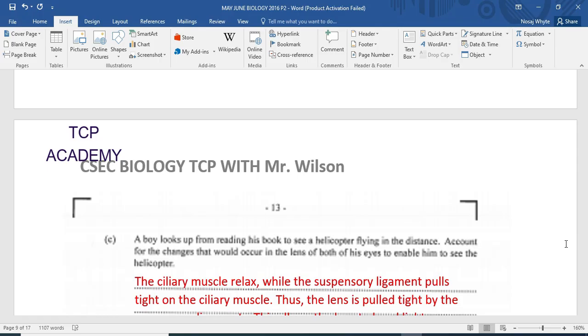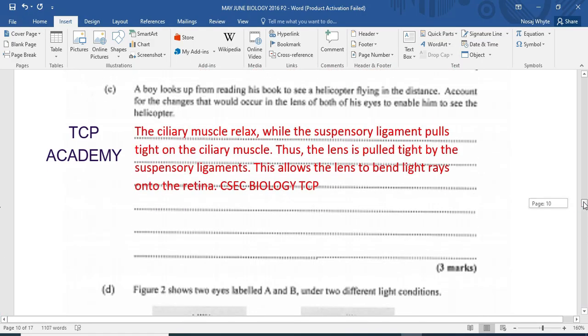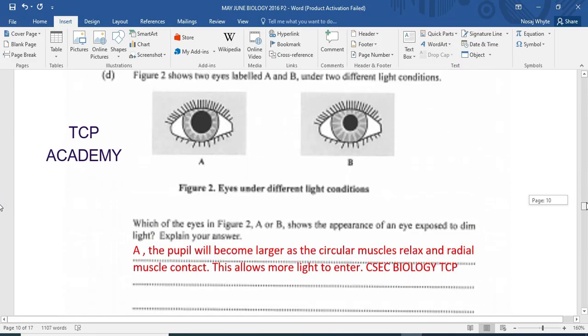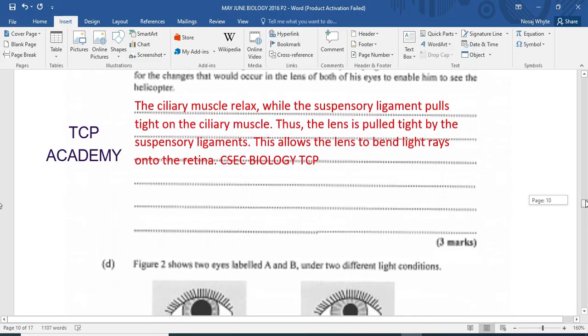So the ciliary muscle will relax while the suspensory ligament will pull tight, and thus the lens is pulled tight by the suspensory ligament. This will allow the lens to bend light rays onto the retina. So this is what he's going to do in adjusting from seeing a near object to seeing a distant object. You can use a diagram to enhance this answer, as you are describing or accounting for what happens here.